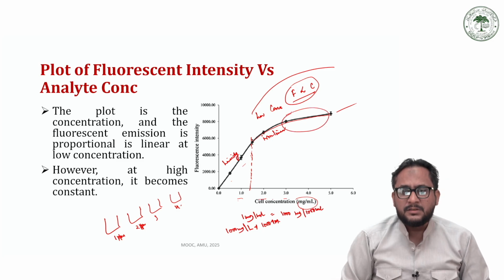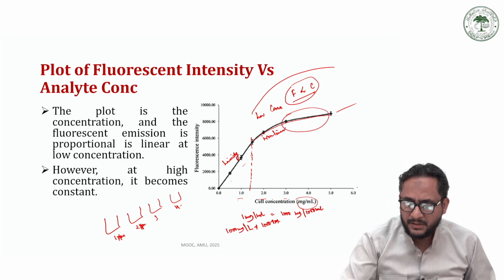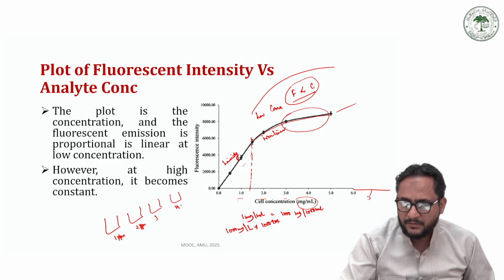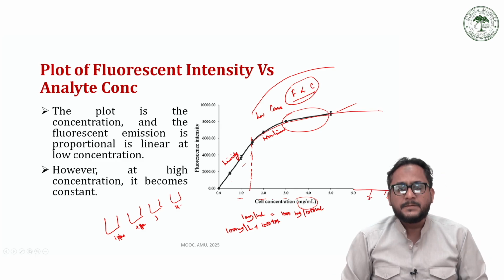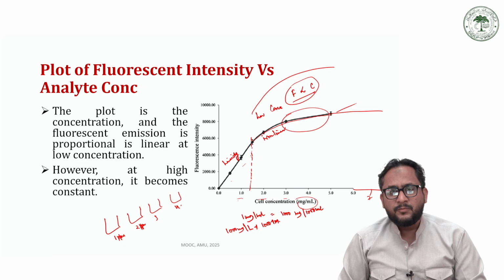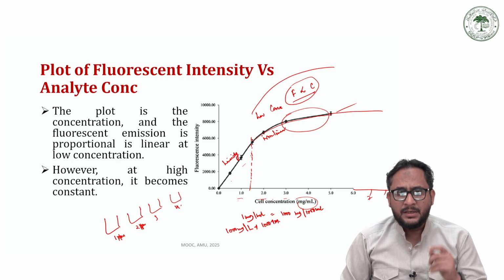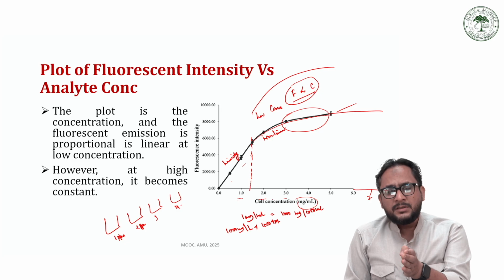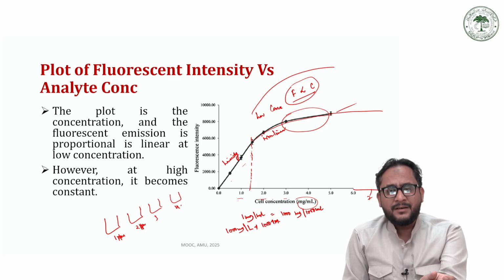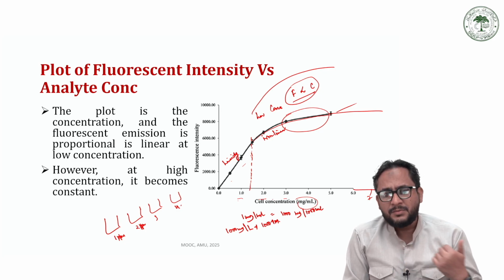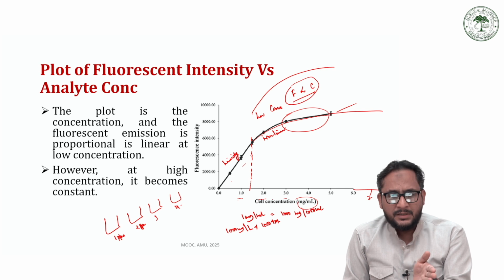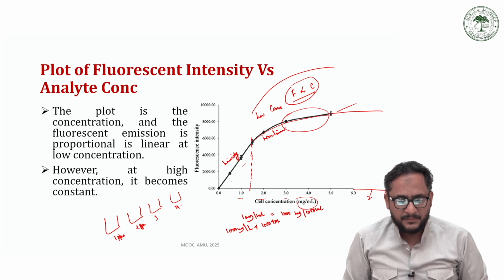Especially this particular region, you can see it is getting constant, and if we keep on increasing the concentration to 7 and 8, it will become constant. So this plot shows that at low concentration we have a direct correlation, and they follow the principle of linearity, the fluorescence intensity and concentration. But as the concentration goes up, it deviates from linearity, it becomes non-linear.